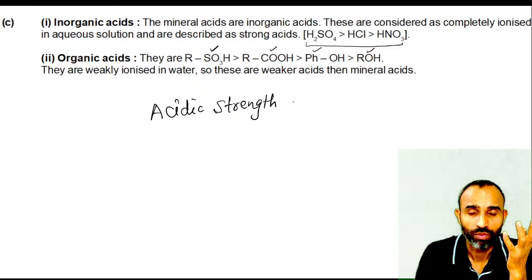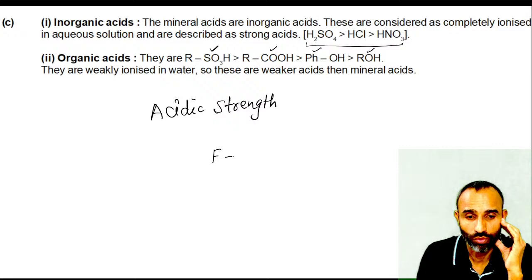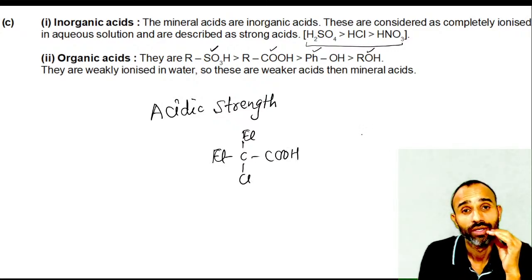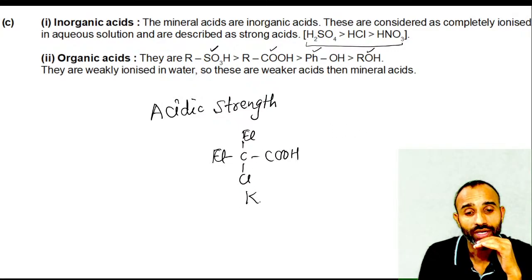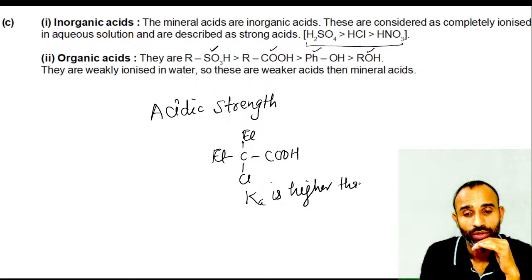So obviously, if trichloroacetic acid's Ka is higher than that of H2SO4, it should be the stronger acid.